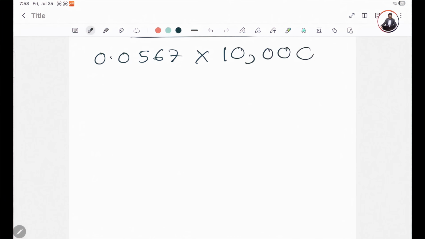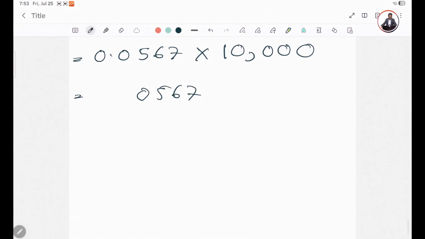And now go to decimals, and any number you multiply with decimals, for example, 0.0567, you need to multiply with 10,000. See how, what you have to do? You have to write this number without decimal points, 0, 5, 6, 7.